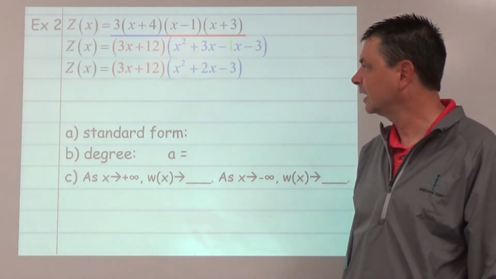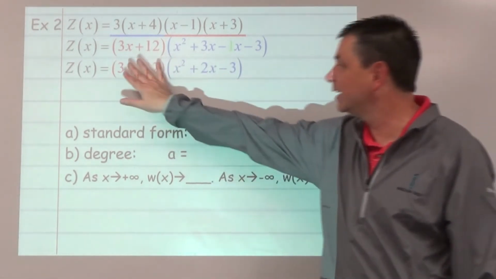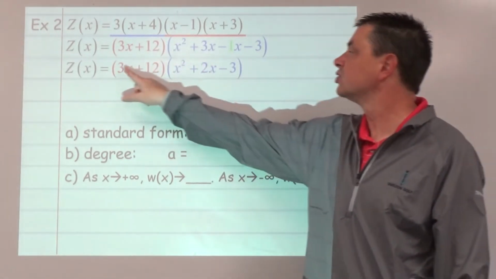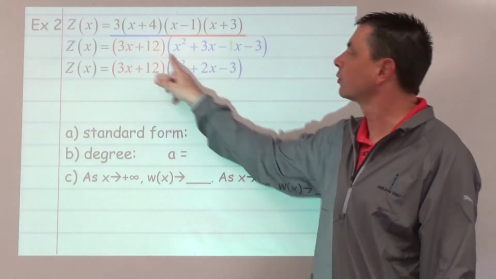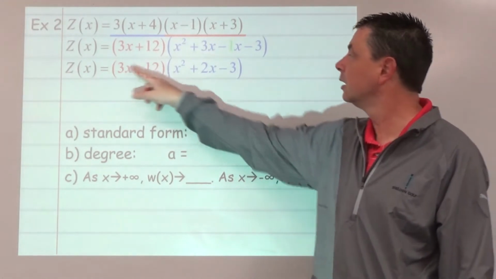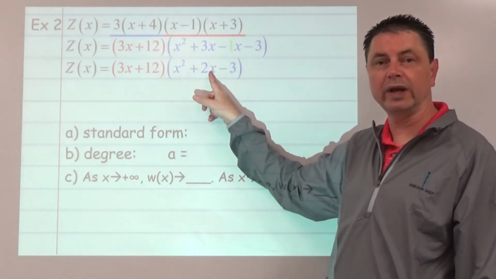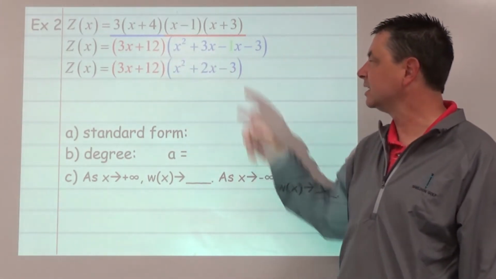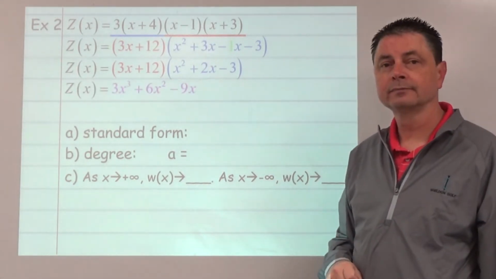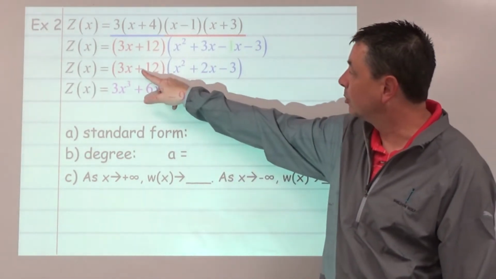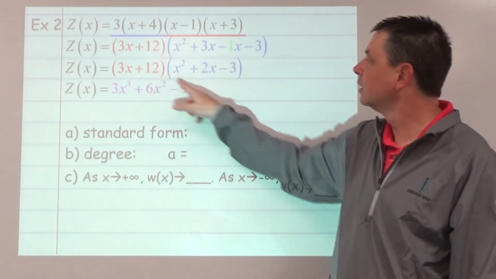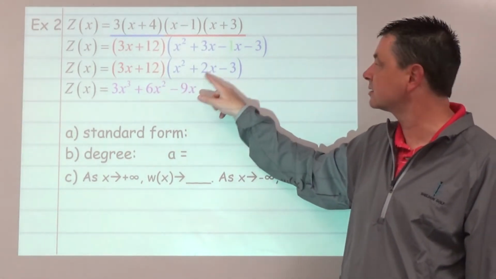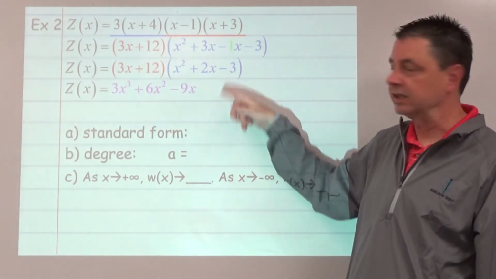And then we're multiplying a binomial times a trinomial. So we'll distribute the 3x first. 3x to the third plus 6x squared minus 9x. And then we'll distribute the positive 12, so plus 12x squared plus 24x minus 36.